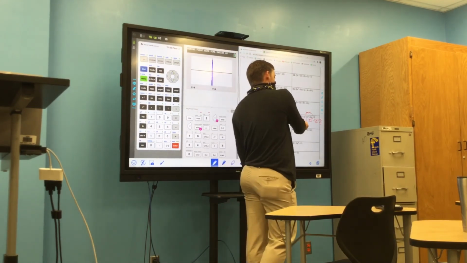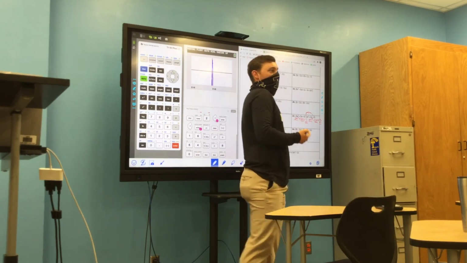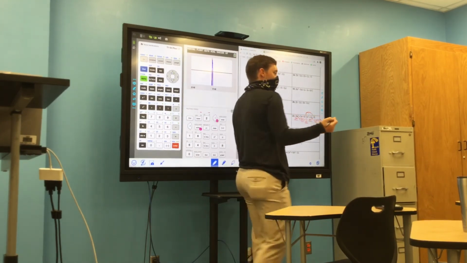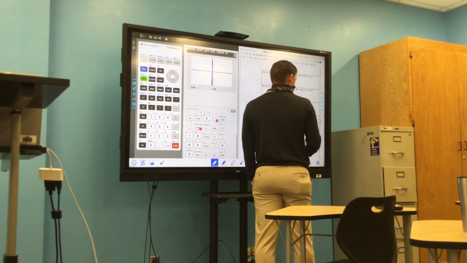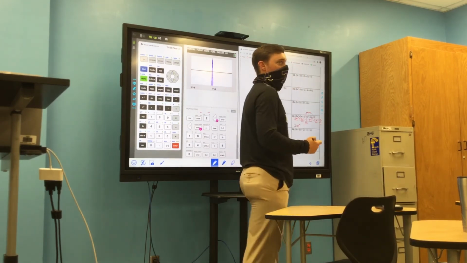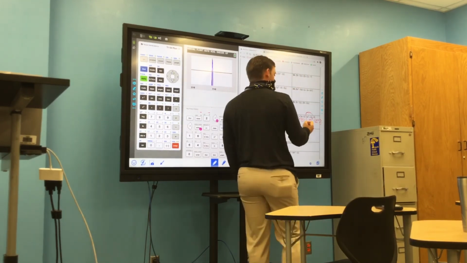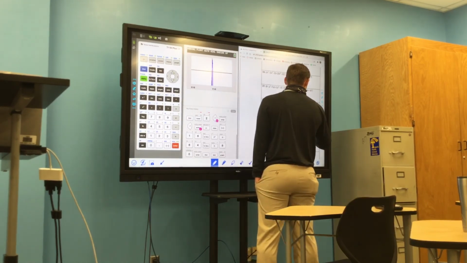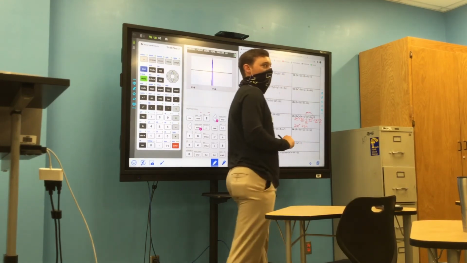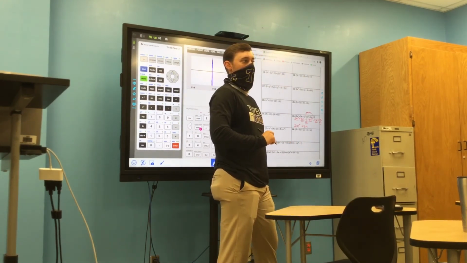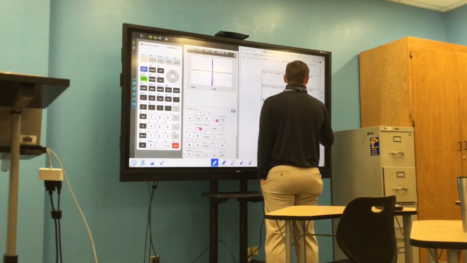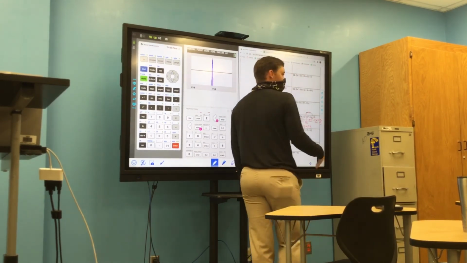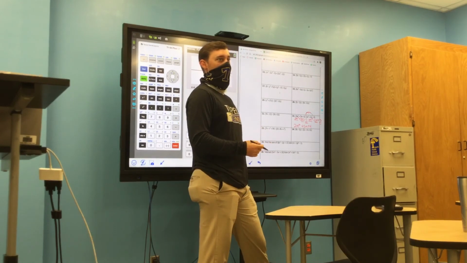What is 3m squared minus m squared? 3 minus 1 is 2, so you got 2m squared. 7m minus 2m. 7 minus 2 is 5, so plus 5m. And then negative 1 plus 5 is basically the same thing as 5 minus 1, which is 4. You got to use your calculator tomorrow.